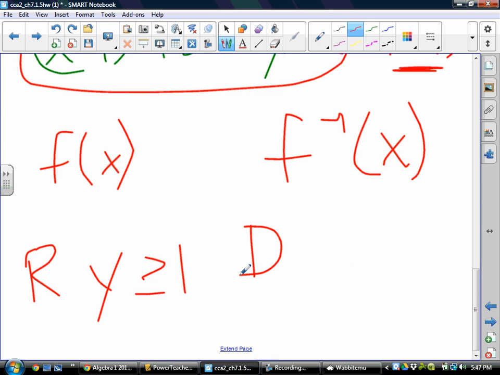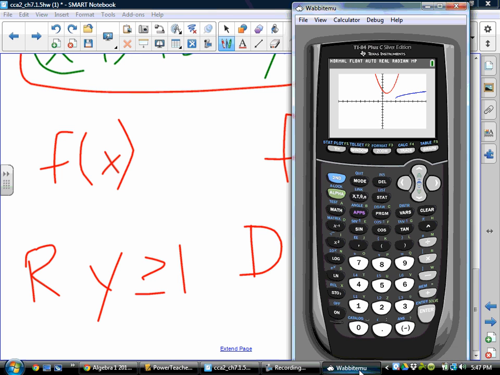So my domain is going to be restricted to x greater than or equal to 1. So when I flip-flop that, I should really only have the positive side of my parabola when x is greater than or equal to 1.